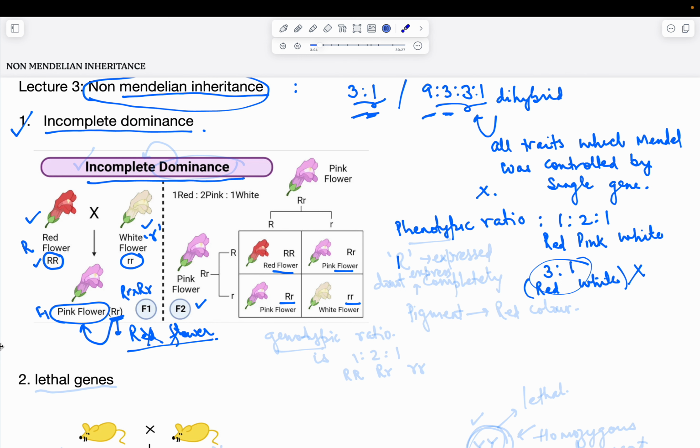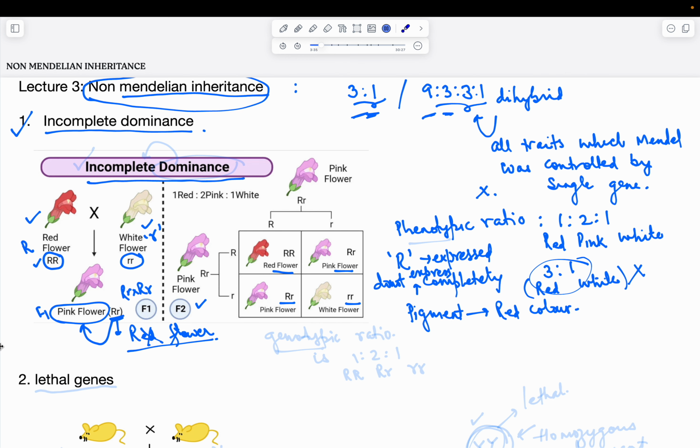The dominant allele expressed, there's no doubt, but it did not express completely. It produced a pigment which was not sufficient to produce the red color.